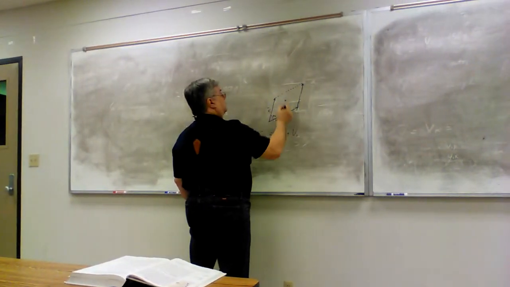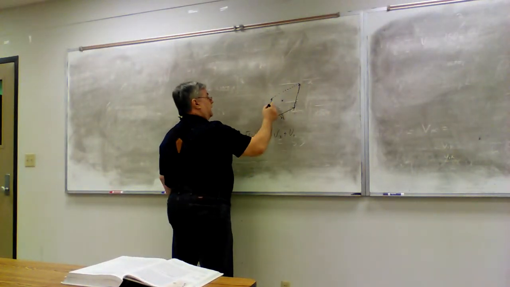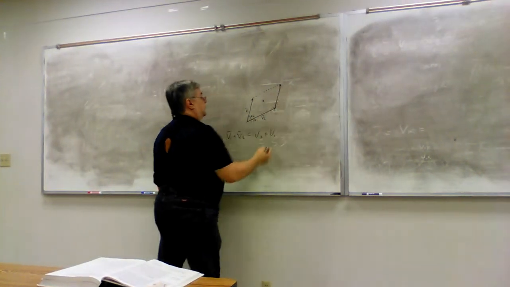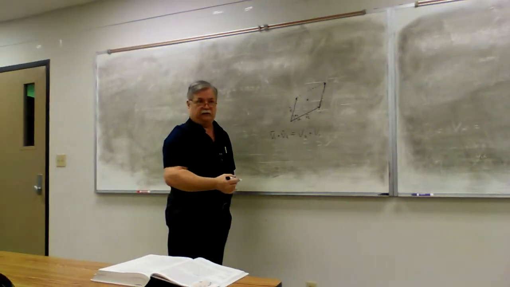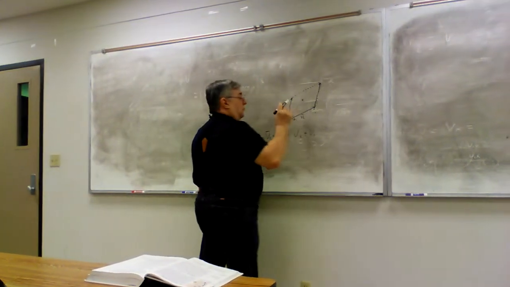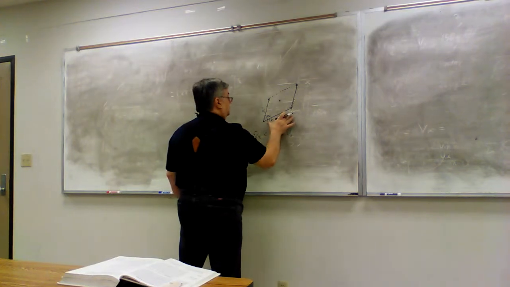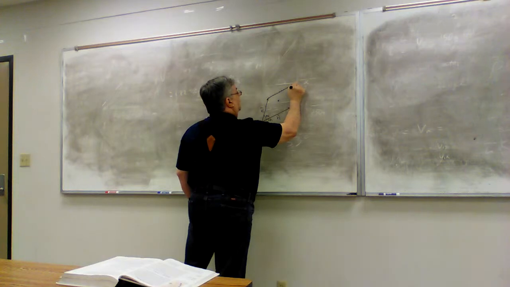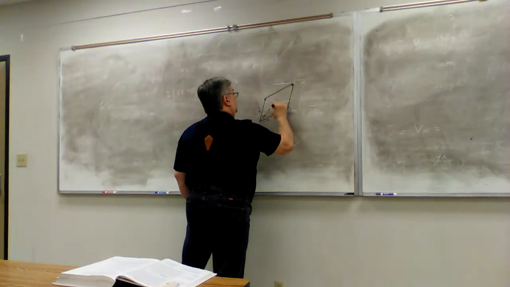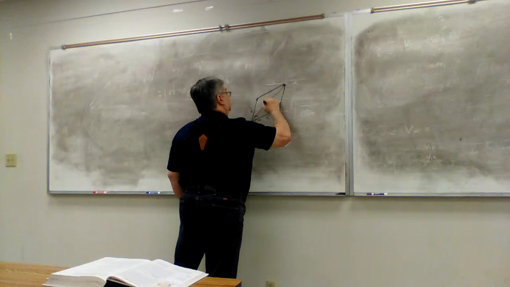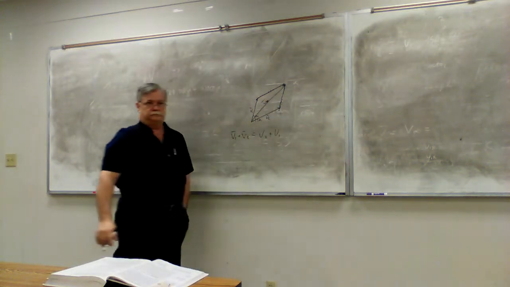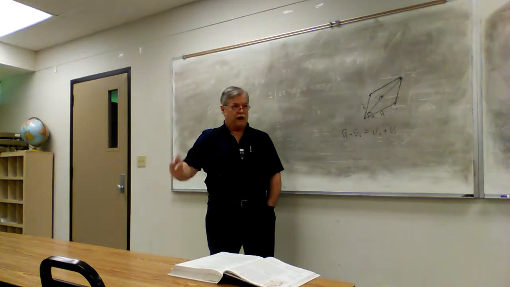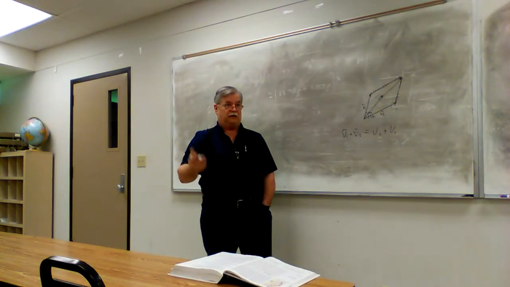You can see that here by completing the parallelogram. We added V1 to V2 by redrawing V1 from the tip of V2. We could just as easily have drawn V2 onto V1. In both cases, we would have ended up with the same third vector. So it didn't matter which one we added to the other. We got the same vector sum.